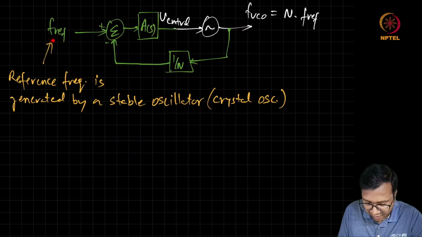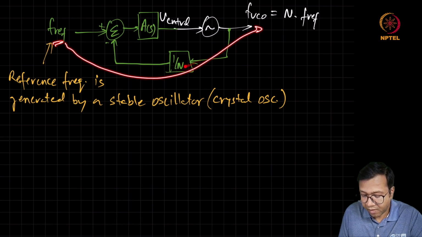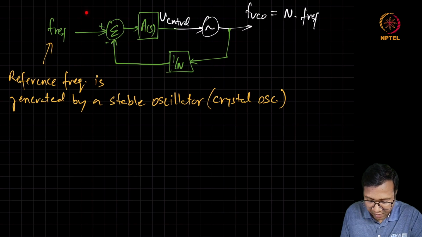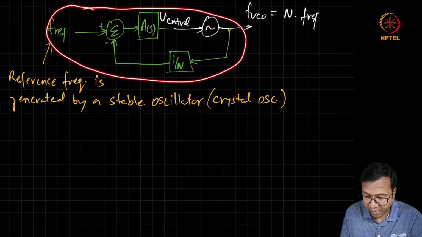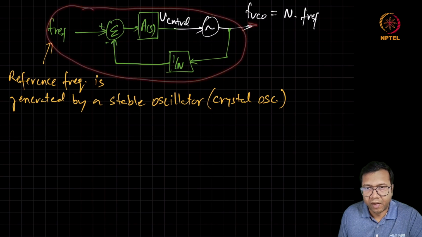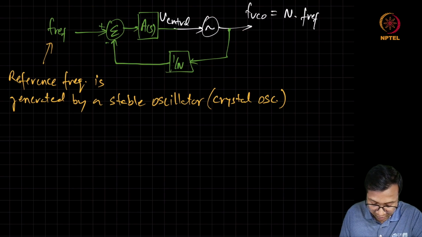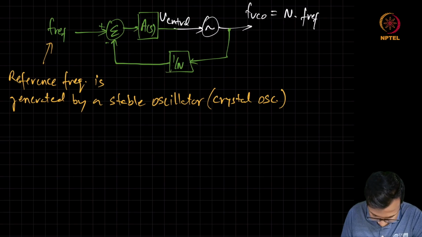And here we can see that in a way this stable frequency of the reference oscillator is multiplied by some integer value to generate an output frequency. So this kind of setup you can also call a frequency multiplier. But in general, these feedback systems used to generate a well-defined frequency at the output of the VCO are called a frequency synthesizer.